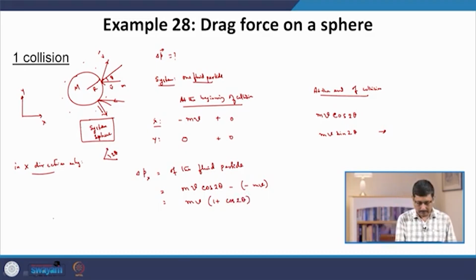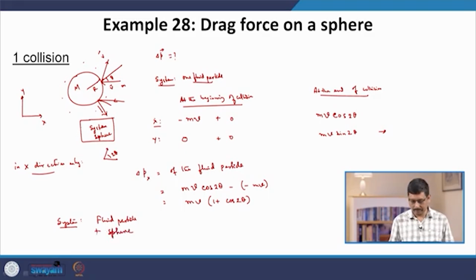Now, let us say that if we look at the fluid particle plus this sphere as our system, then there is no other external force. So, we are going to ignore any gravity, and anyway gravity is not in the horizontal direction. So, there is no external force on this particular system.